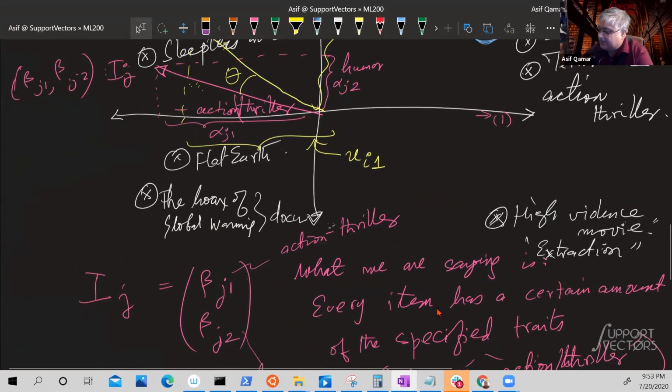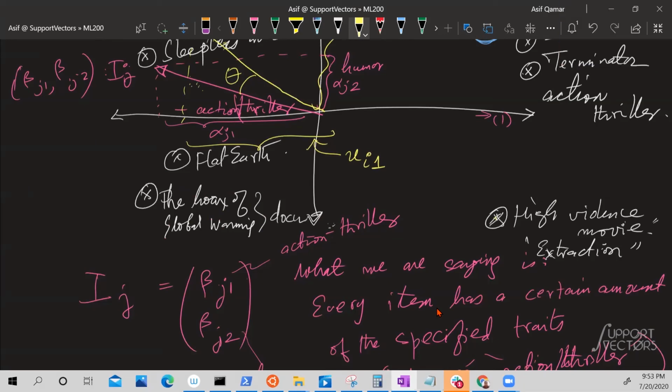And with this guy here, this extraction movie, they're almost diametrically opposite. So if you look at the cosine distance between the two, cosine theta, it would be practically -1, right? In fact, it would be what the user does not like, -1. And likewise with this.